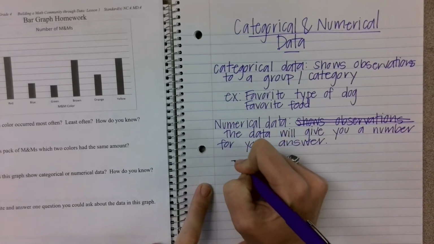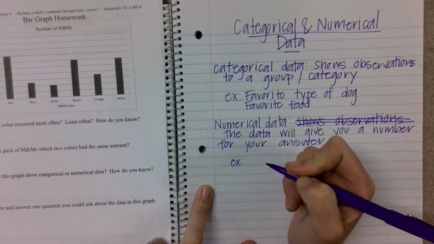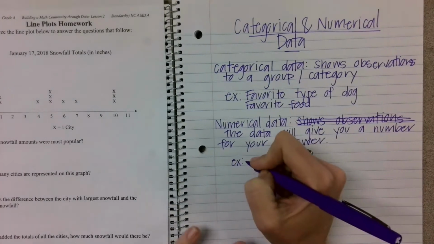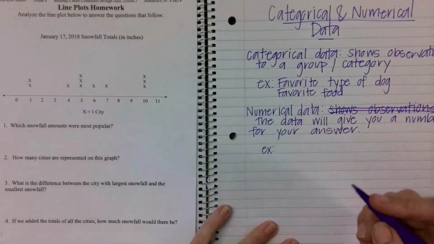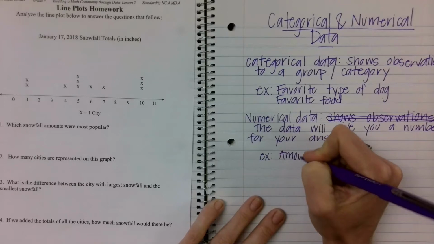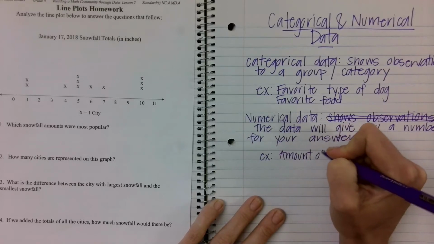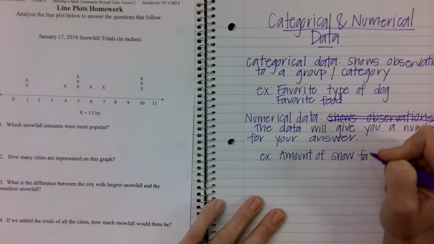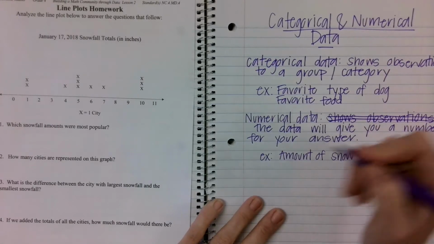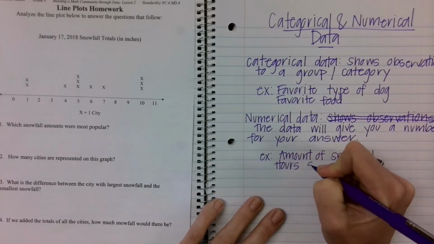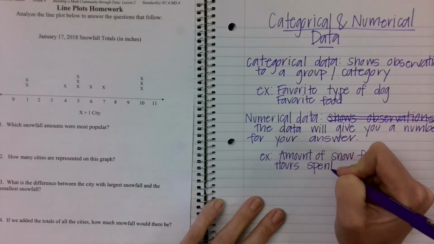So examples could be, one we're going to be doing today is amounts of snowfall. We could do hours spent on school.